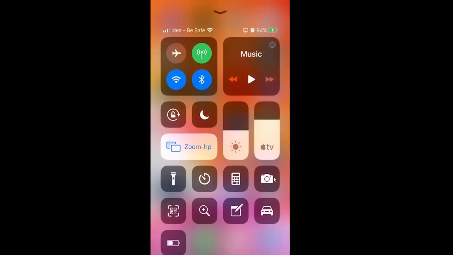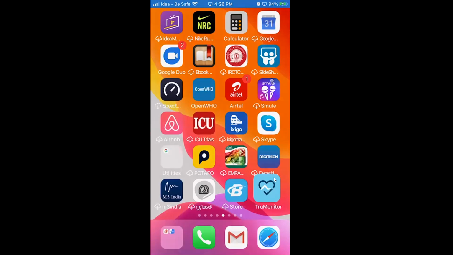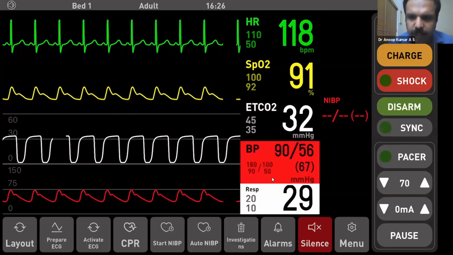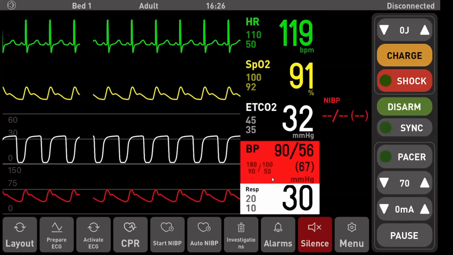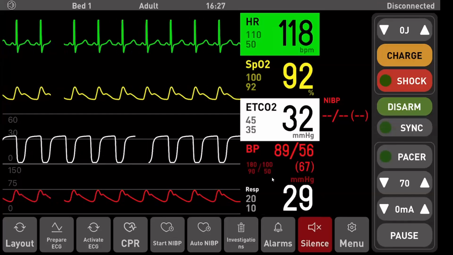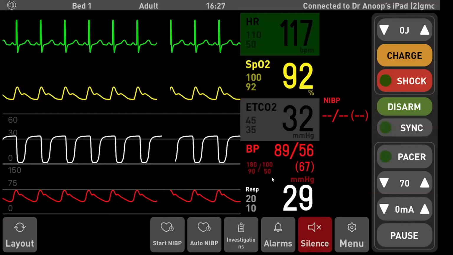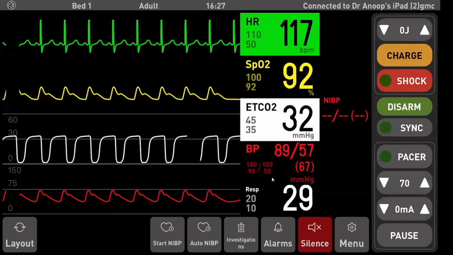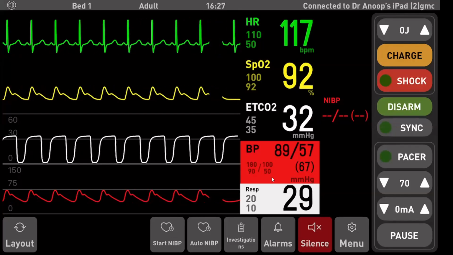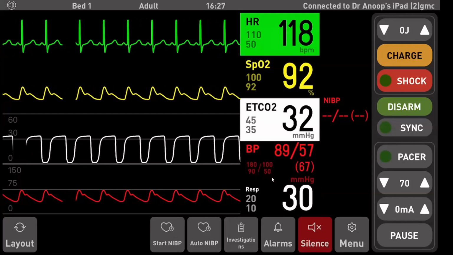This patient we will treat according to the surviving sepsis guidelines, sir. Initially, we will take blood for the investigation like blood culture, then lactate, and we will start the IV fluid and antibiotics, sir.